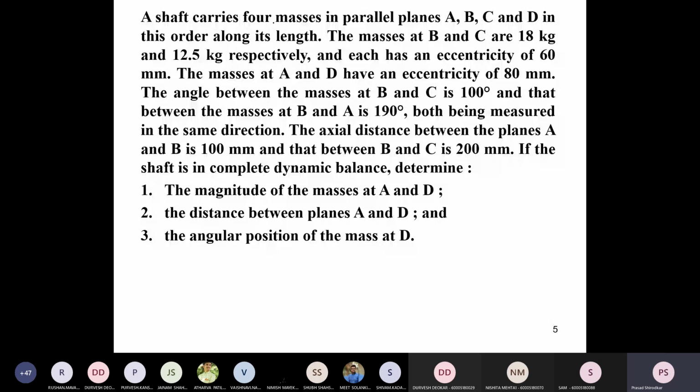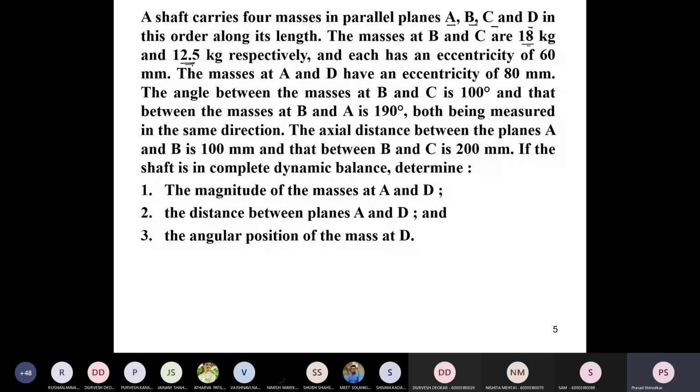Masses at A and D have an eccentricity of 80 millimeters. The angle between the masses at B and C is 100 degrees, and that between B and A is 190 degrees, both being measured in the same direction. The axial distance between the planes A and B is 100 mm, and between B and C is 200 mm.